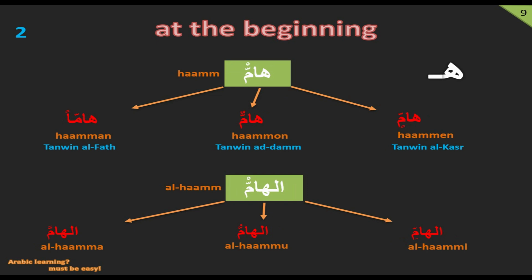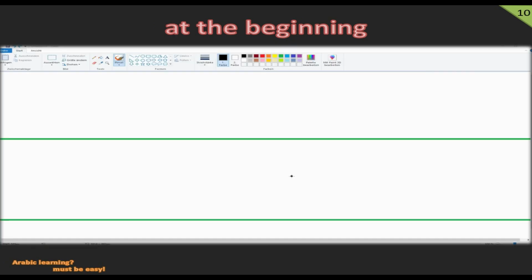We added here the alif at the end. Or with تنوين الضم هامٌّ, or with تنوين الكسر هامٍّ. Now هام with التعريف would be الهام, with فتحة at the end would be الهامَّ, with ضمة الهامُّ, or with كسرة الهامِّ. Now a video to show how to write the examples.